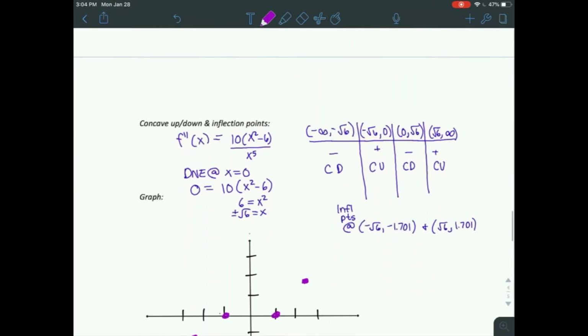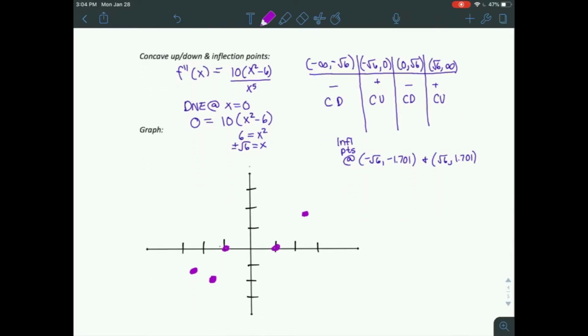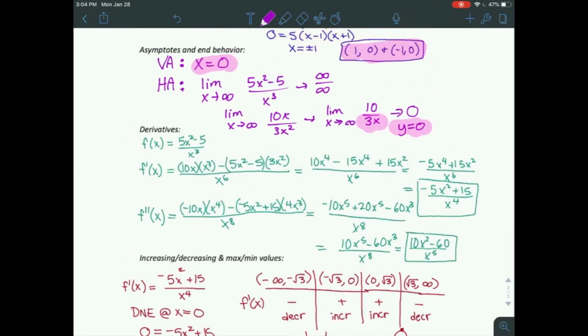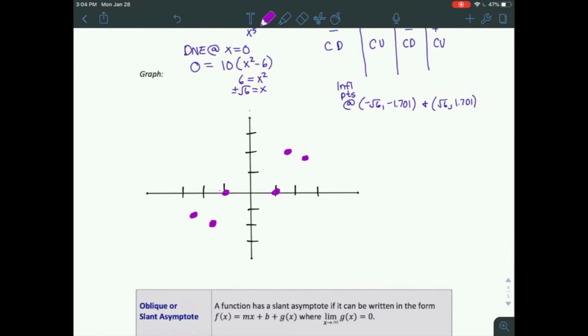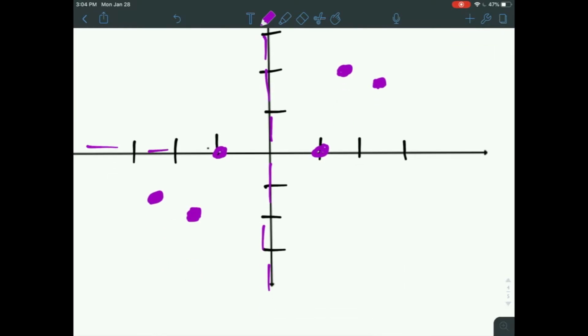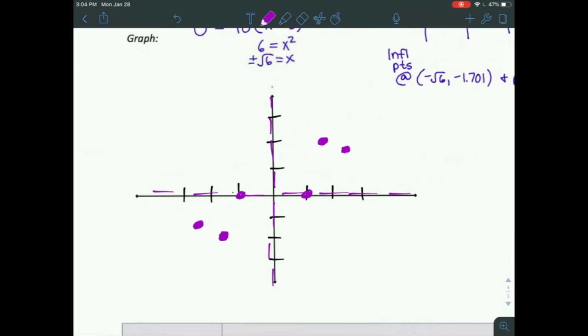And positive 1.7, positive 2, approximately. Okay. Also, asymptotes. Horizontal one of y equals 0, vertical one of x equals 0. Sketch those in here. So remember, your graph won't cross a vertical asymptote, but it can cross a horizontal asymptote, which it's going to, because it's right on my horizontal asymptote already in a couple places.